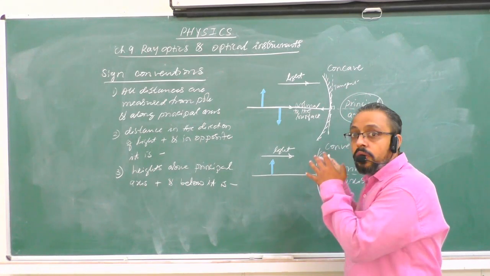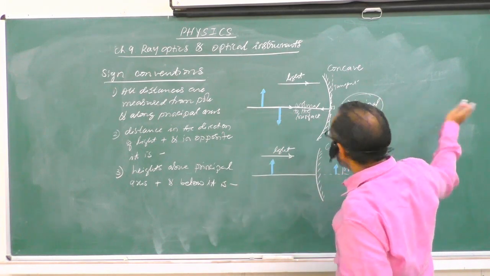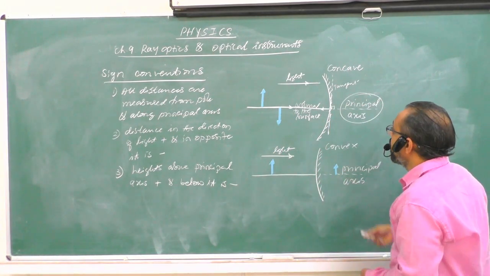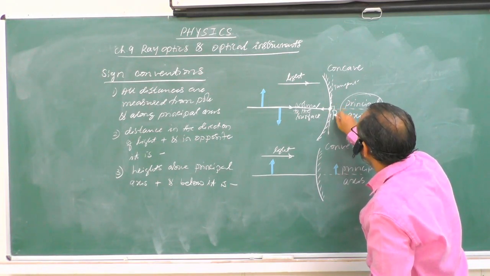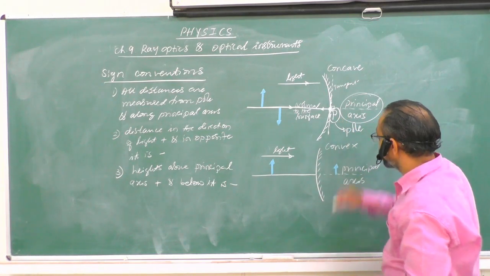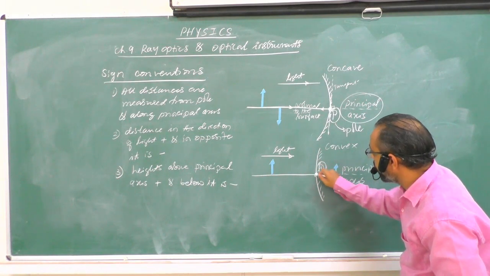Well, so what actually does point 1 say? We measure all distances, whether it is left of the mirror or right of the mirror, in either case. We take this point as P. P stands for pole, which is here.